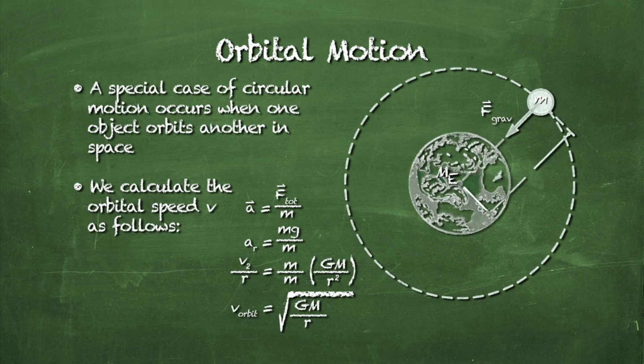The acceleration is the radial acceleration, or the acceleration towards the center of the circle, which I'll write as a_R. And that's equal to the gravitational force, which is equal to mg, divided by m.